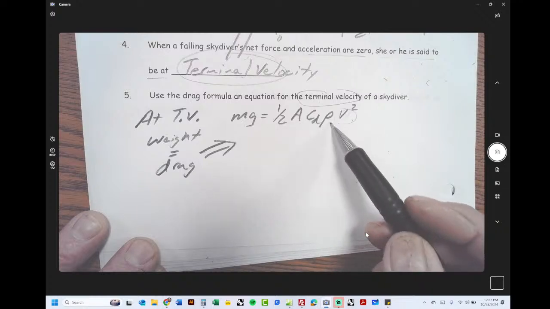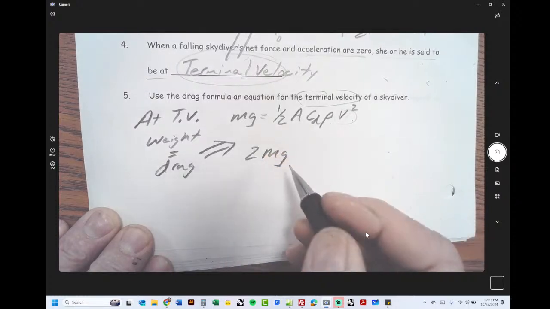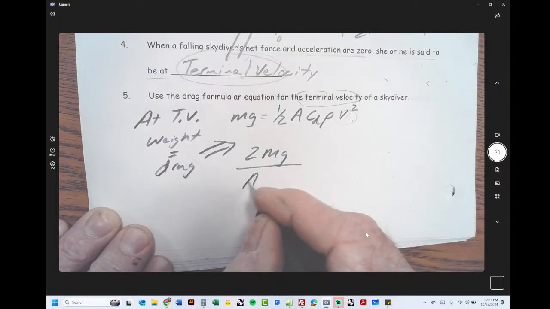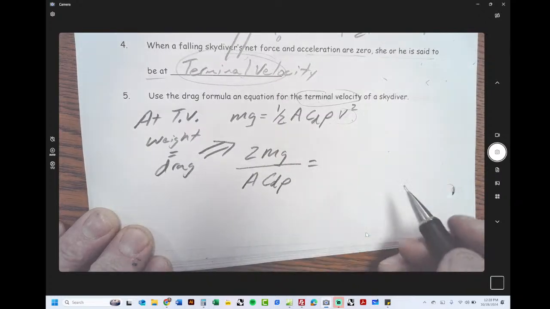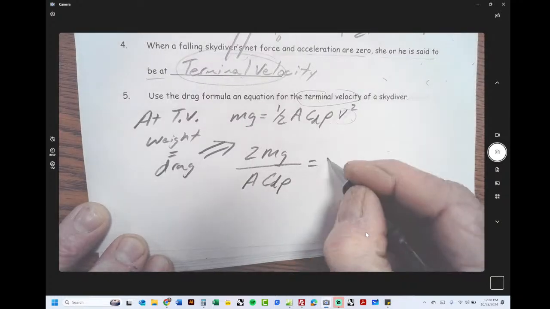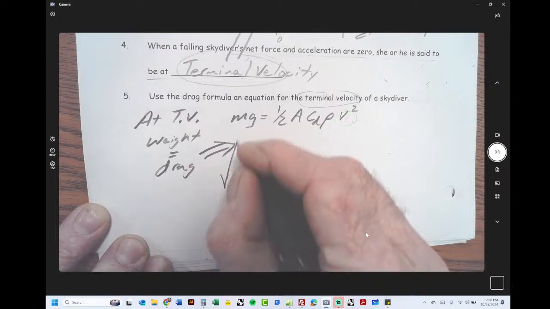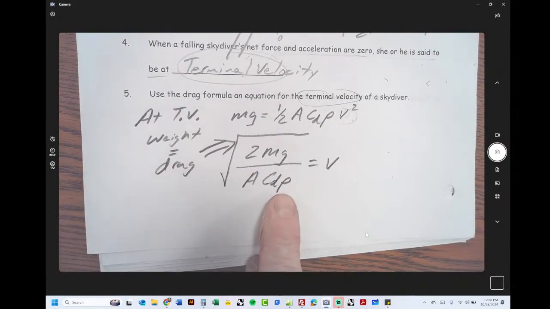A, C_D, and rho. So let me write mg multiplied by 2, divided by A, C_D, rho, and that equals V squared, but I'm just going to do it all in one step. V equals the square root of all that. So this is the formula that we'll use later on.